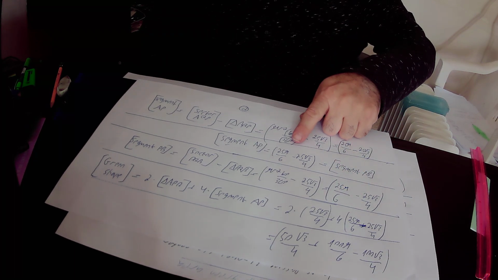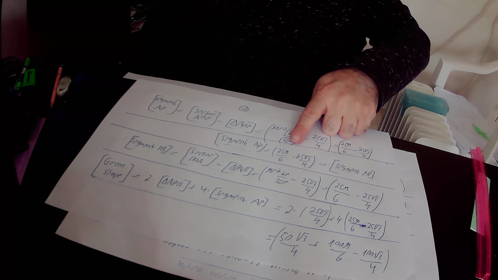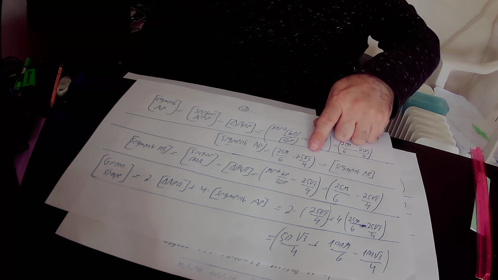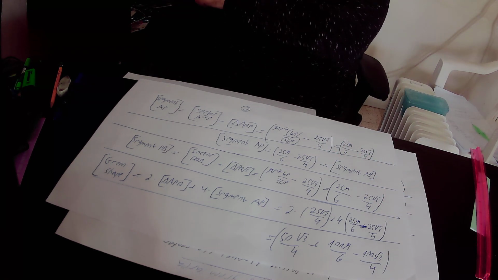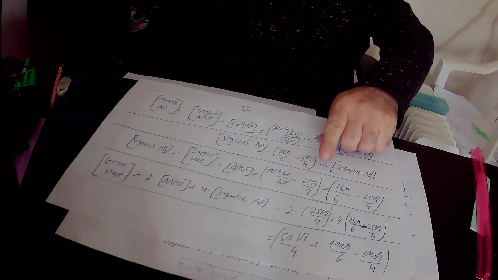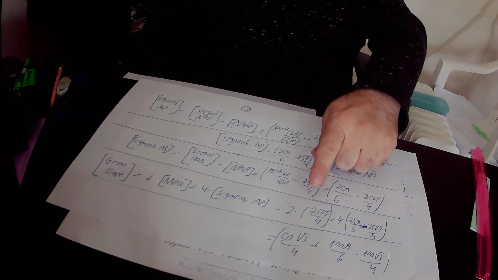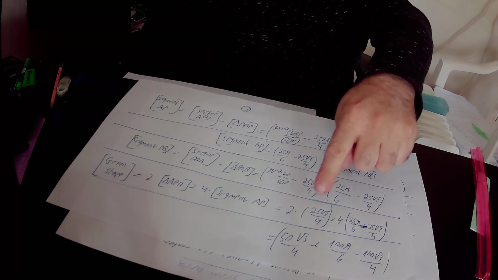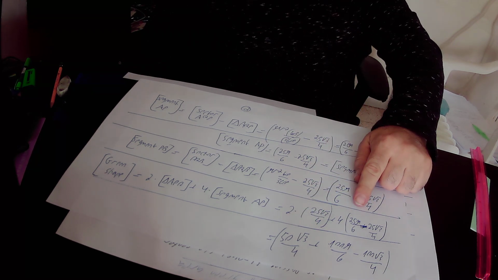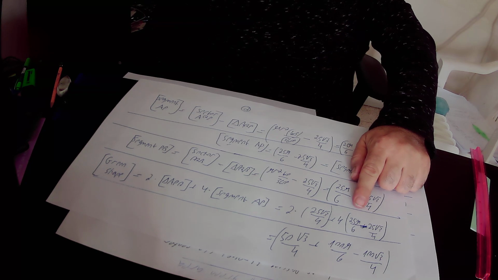We have already found out that the area of segment AP equals 25 pi over 6 minus 25 times square root of 3 over 4. So the area of the green shape equals this expression. Here 2 times 25 is 50, so this expression equals 50 times square root of 3 over 4, plus this expression.